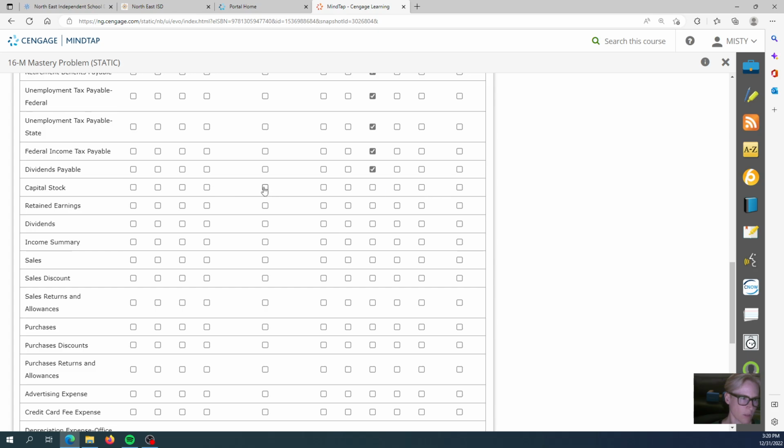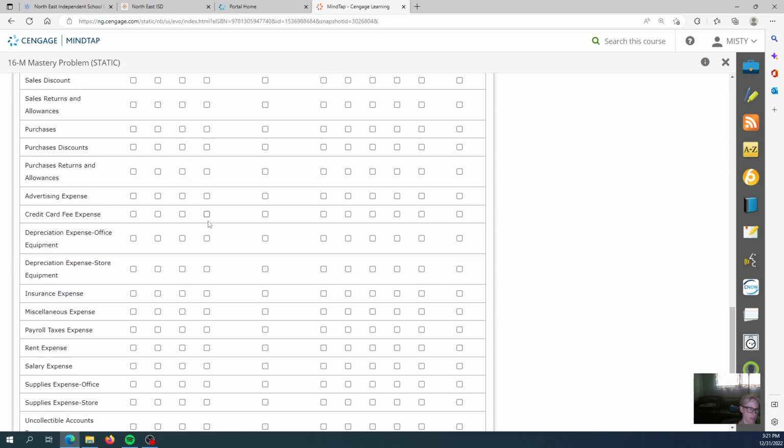Oh, that one's actually going to go here. Capital stock, retained earnings, and dividends. Then we have our income summary that fits nowhere.